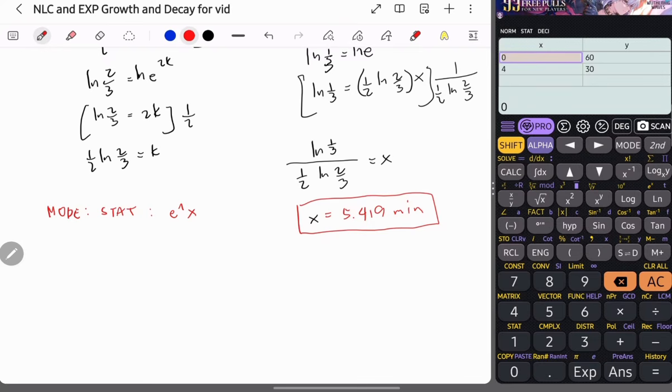So what will you write in x and y? Our x is the time, and our y is T minus T sub S. So when the time is 0, what is our temperature?